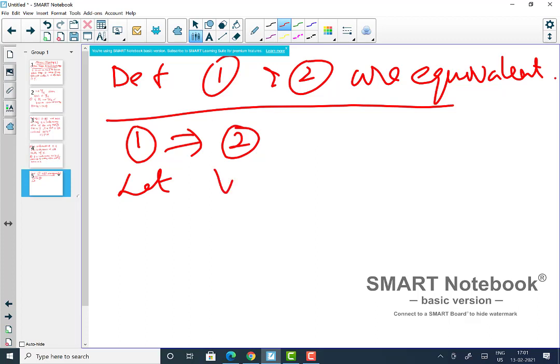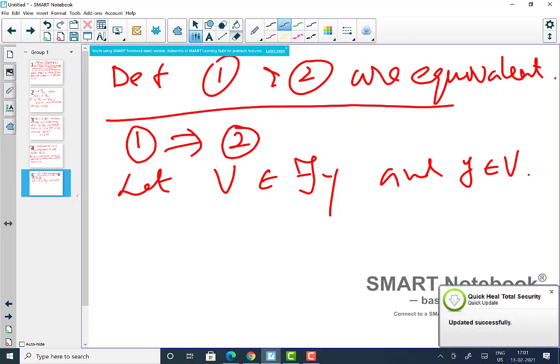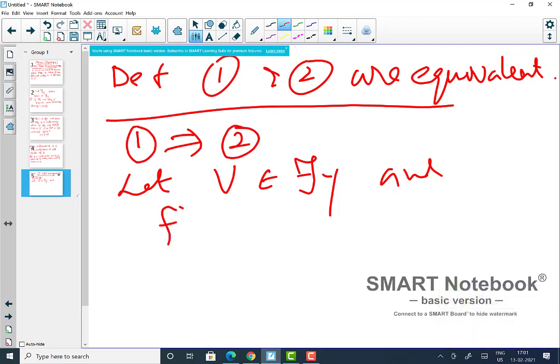So how to prove this? Let V belong to the topology of Y, an open set in Y. I need to check that f inverse V is open.